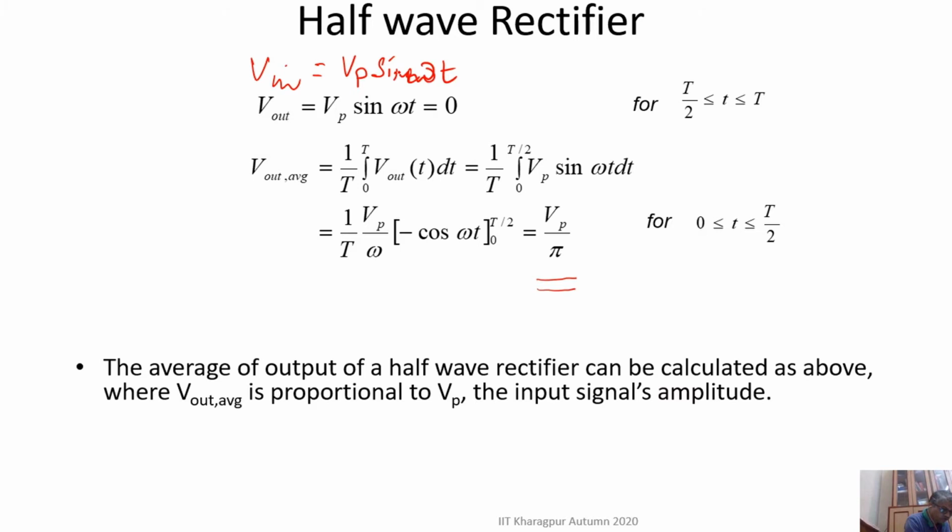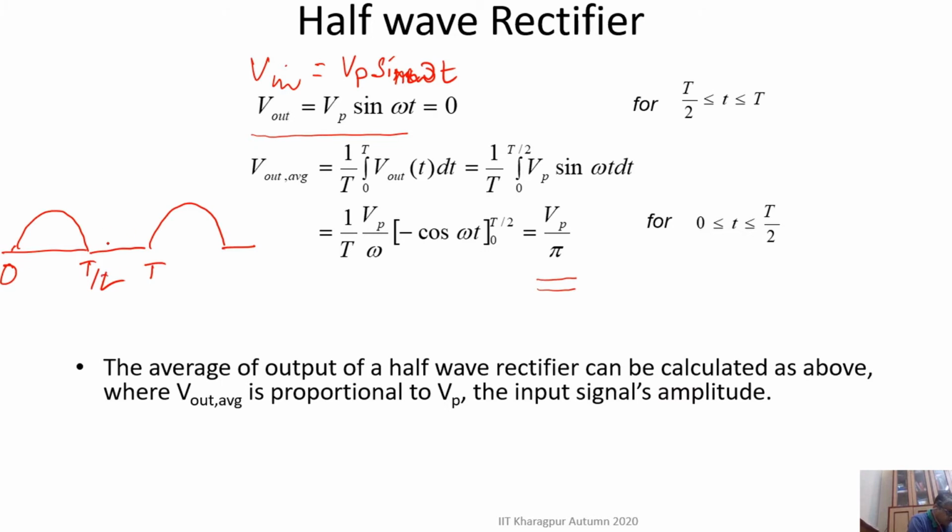If we don't bother about the voltage across the diode, we can say that Vout will also be Vp sin omega t when it is between 0 and T by 2, because you see this is my Vout. So this is 0, this is T over 2, this is T.